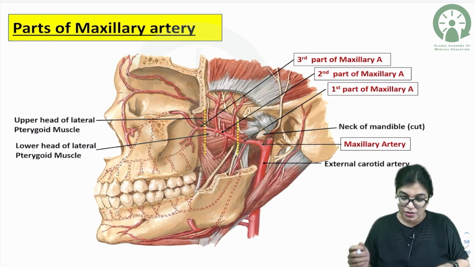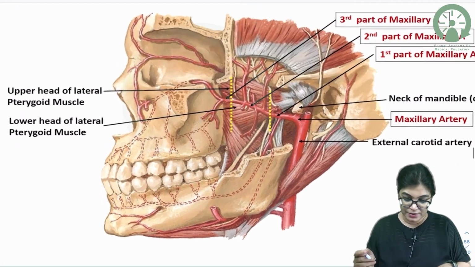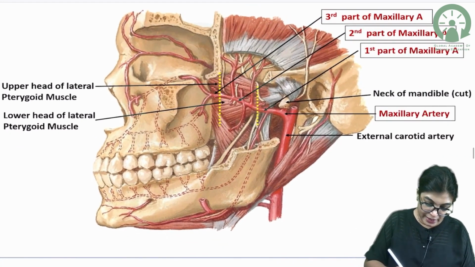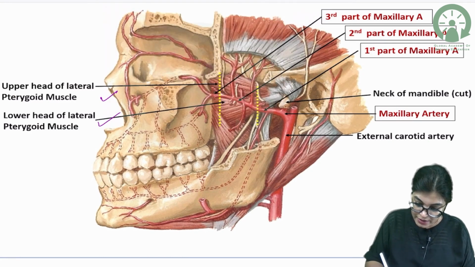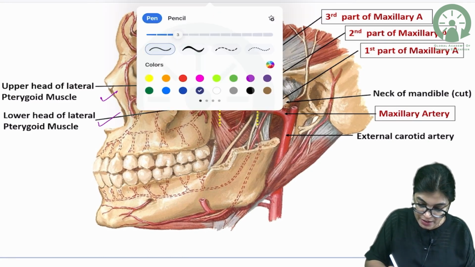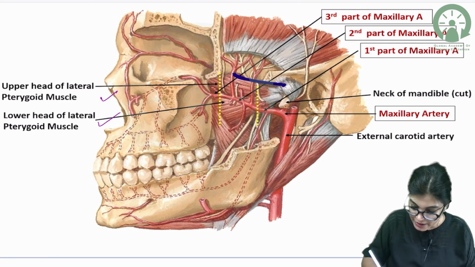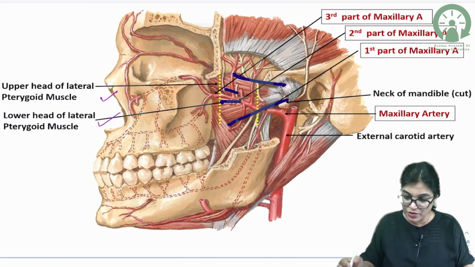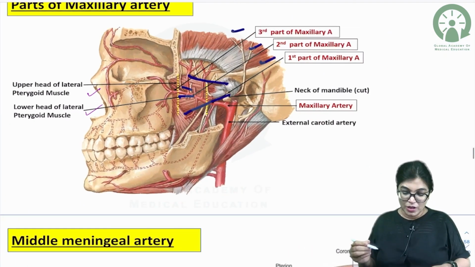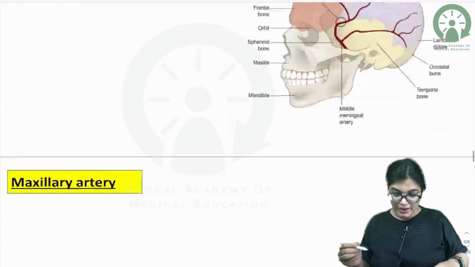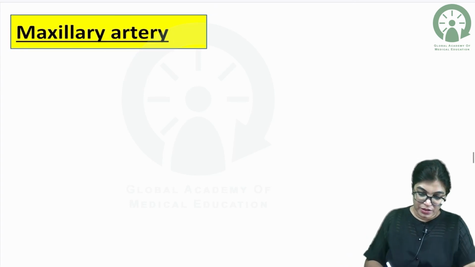Here we can see the lateral pterygoid muscle, and it divides the maxillary artery into 3 parts: first, second and third. Let's talk about the branches of each part. You can write down this information.